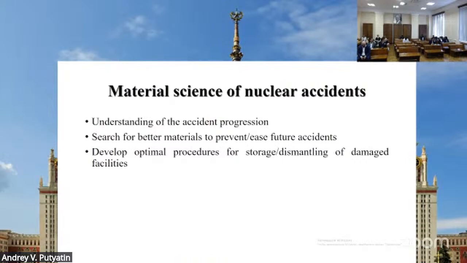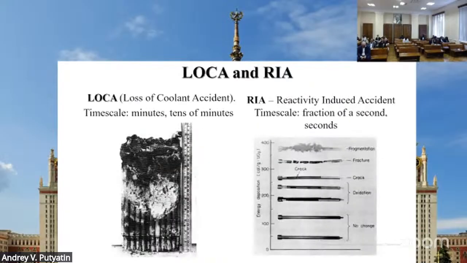Second, we can try to develop new materials which are more resistant against accidents, for example, accident-tolerant fuel or sacrificial materials, and we will speak about them later. And of course, we can develop optimal procedures for dismantling of damaged facilities.